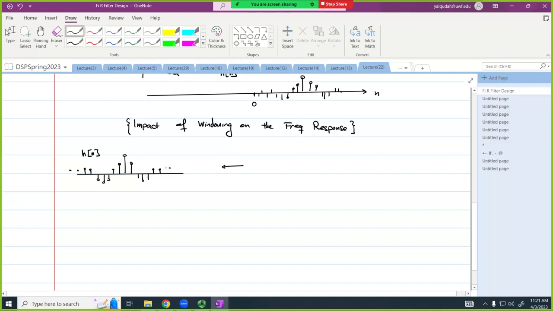This h of n is ideal, and therefore the frequency response looks like a rect, and this is omega. How do I know what happens to this frequency response when I window the impulse response? Any ideas? It's not going to be as steep. Okay. How do I know exactly what's going to happen to it?